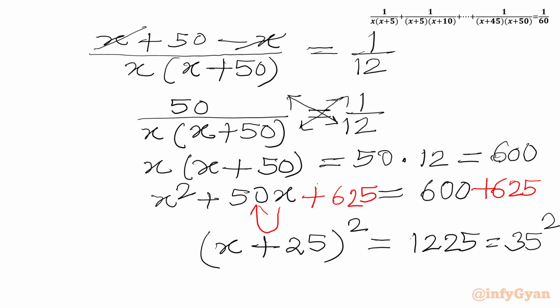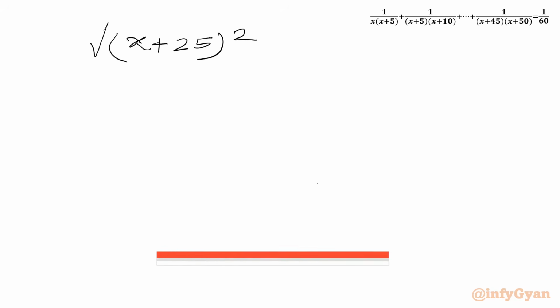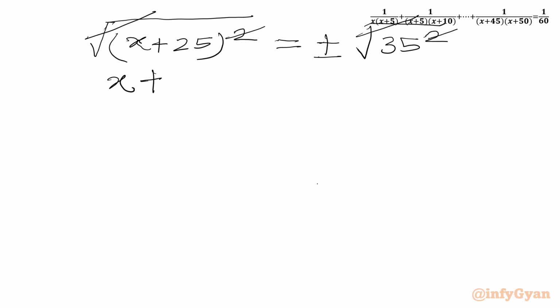To find the value of x, we need to take the square root on both sides. So we will write the square root of x plus 25 whole square equal to plus minus the square root of 35 square. We'll cancel the square root with the square from both sides. We will get x plus 25 equal to plus minus 35.